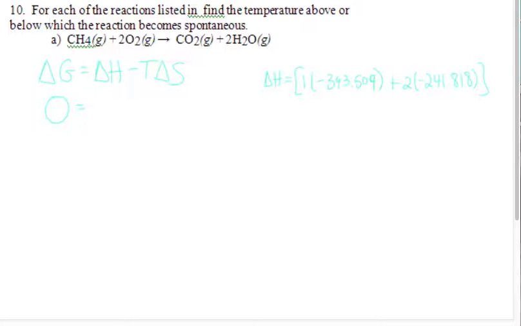Those are products, minus methane, 1 times negative 74.81, plus 2 times O2, which we know is going to be 0.